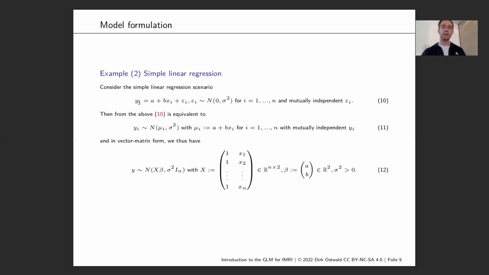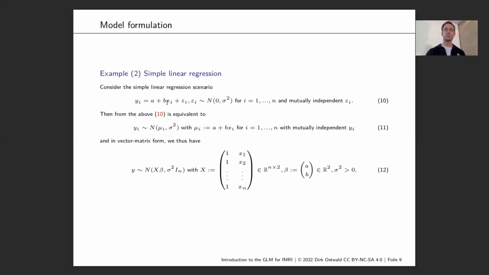So the ith data point in simple linear regression is modeled as an offset parameter A plus a slope parameter B times the value of the independent variable. Here it actually works quite well with the notion of independent variable because there's only one.